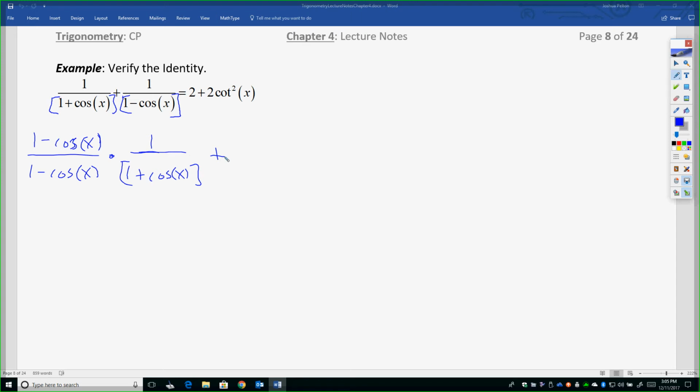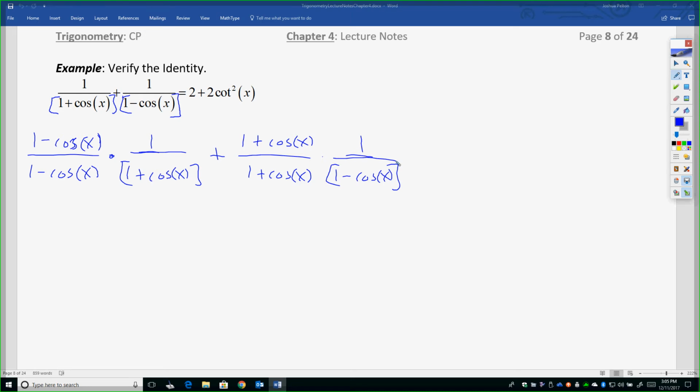And this one is missing a 1 plus cosine, so 1 plus cosine over 1 plus cosine times the 1 over 1 minus cosine. Okay.